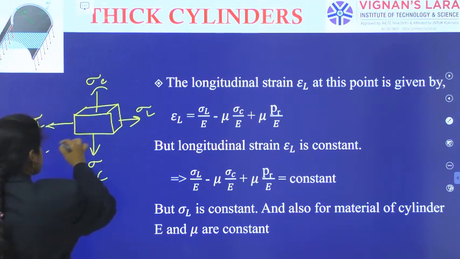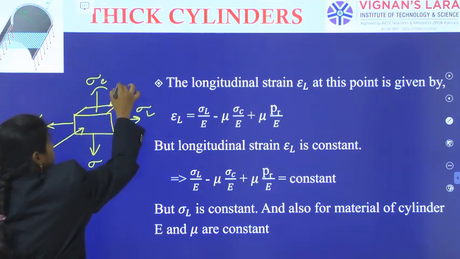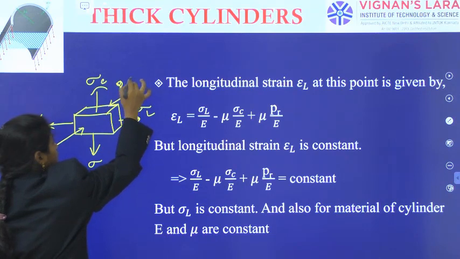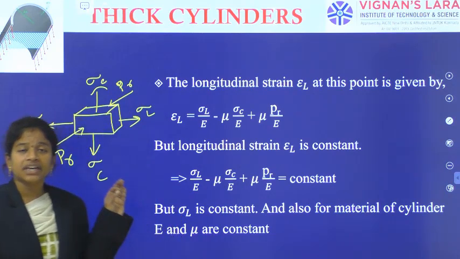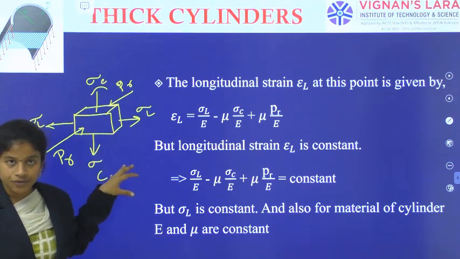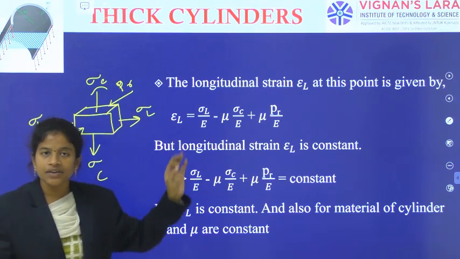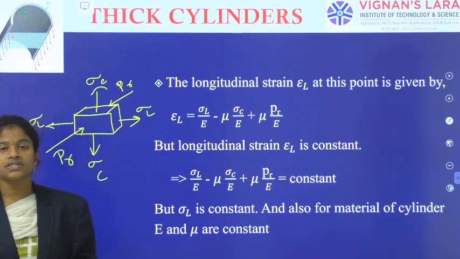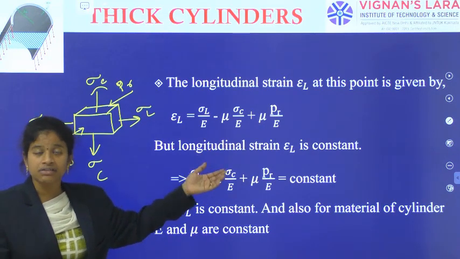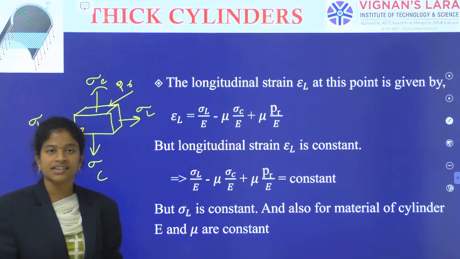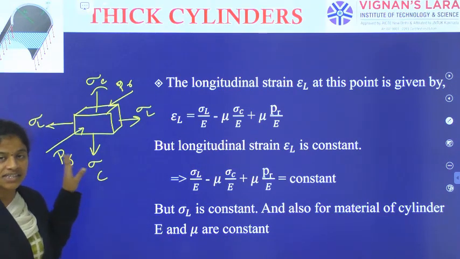Another one is causing compression. So for a body subjected to three mutually perpendicular forces, the corresponding stress equation and strain equation we have generated in our first chapter of simple stresses and strains, right? So here also you can use the same thing.